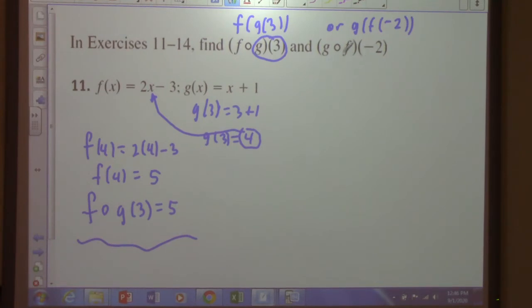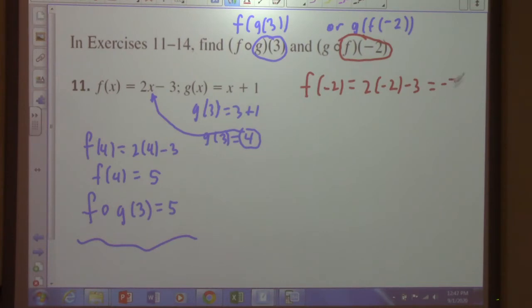So Will suggests we take this, and sometimes on these it might help to circle it to show the one that's adjacent. So we want first f of negative 2, and we plug that in, we get 2 times negative 2 minus 3.